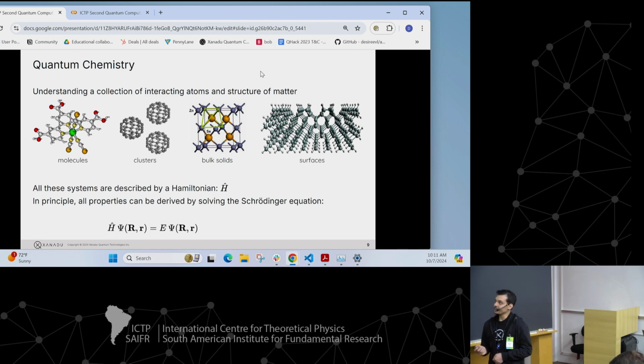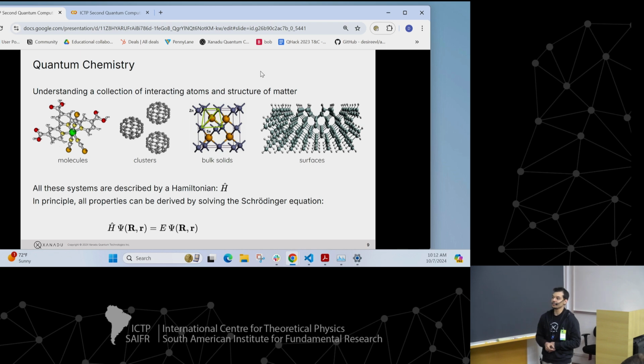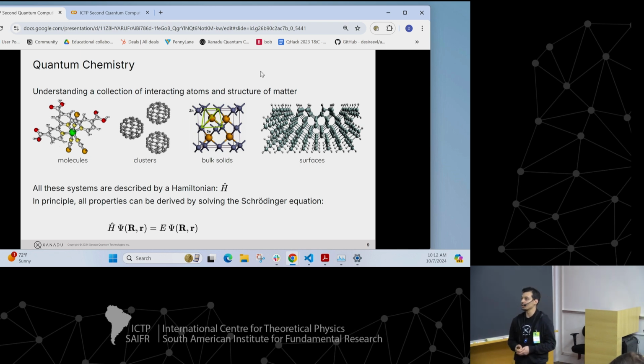The idea then is once you have access to this Hamiltonian, everything that you need to know about the system is described in this seemingly simple equation, which is, of course, the Schrodinger equation, in this case, the time-independent Schrodinger equation, where given some Hamiltonian acting on a wave function that describes the position of all of your electrons and molecules in your system, is described by this eigenvalue problem.